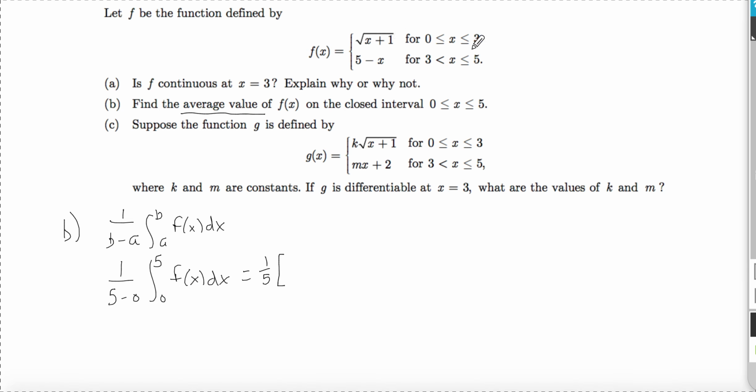But I know that I can add sections of integrals together. So what if I break this into the integral from 0 to 3 of f of x, that place where I have a breaking point there, plus the integral from 3 to 5 of f of x dx. That would give me the overall 0 to 5 integral, right? So that's what I'm going to need to do.